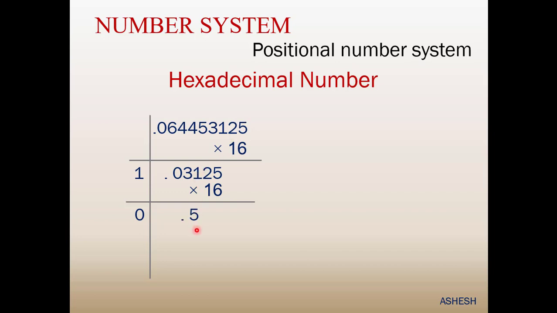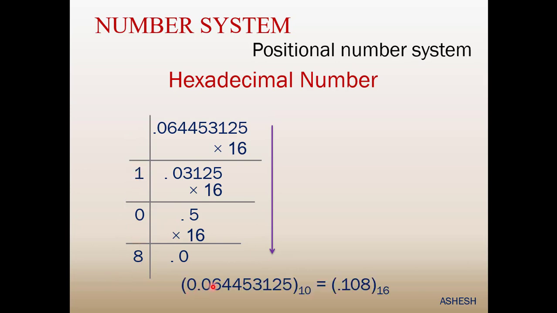Again we'll multiply that 0.5 into 16. Then we'll get an integer and no fraction. Now we have to count top to bottom. So 108. 0.064453125 decimal number equal to 0.108 hexadecimal number.